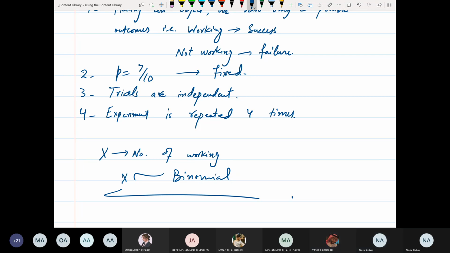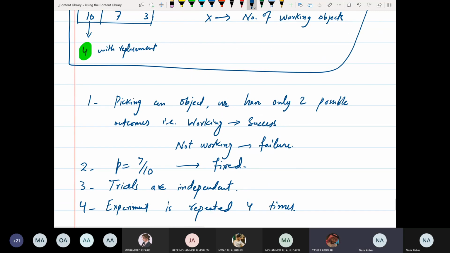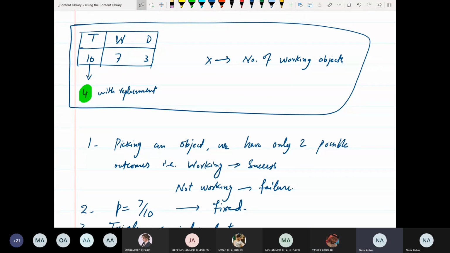Oh. Can I pick 10 objects out of 10 with replacement? I pick 1, put it back, pick one again, put it back, pick again, put it back. Yes. Can I pick 20?